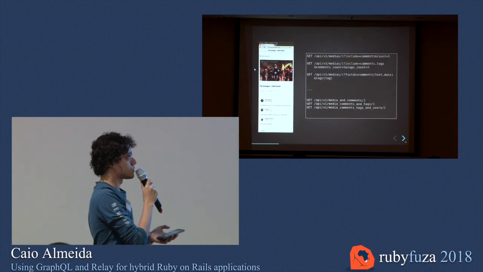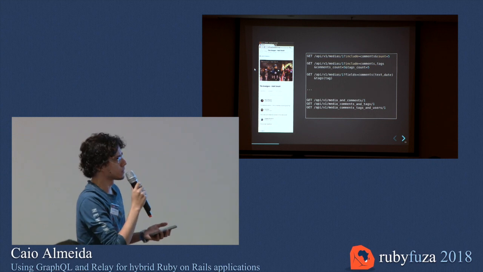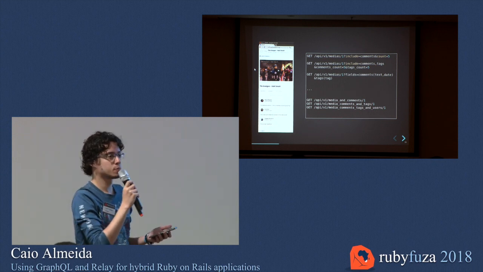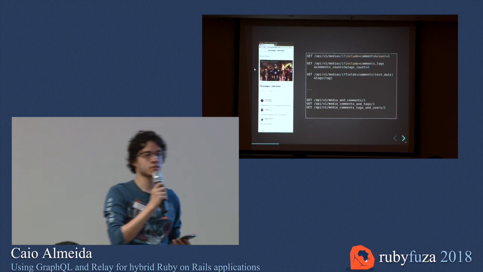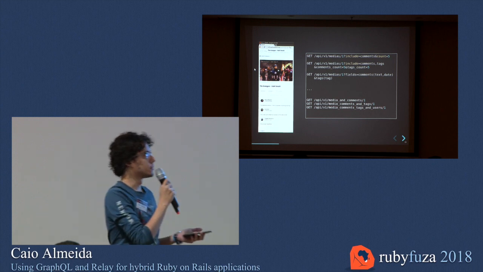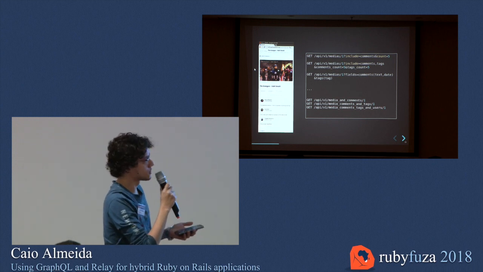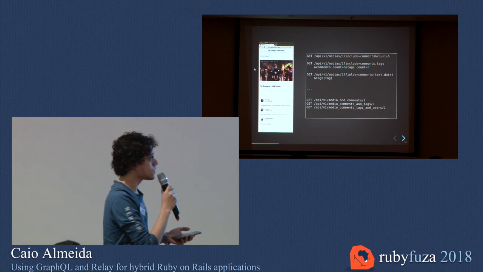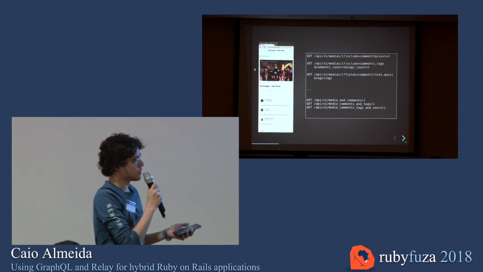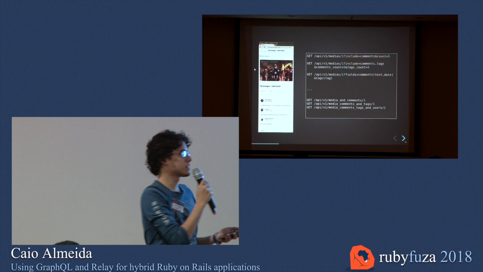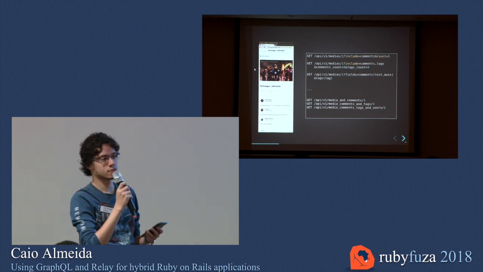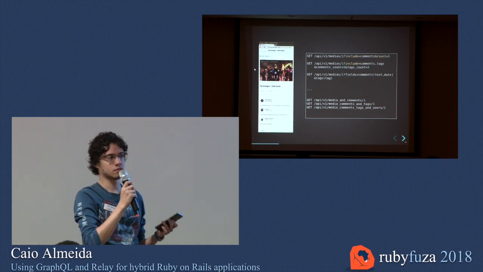Another way to do that would be to have fewer API endpoints, but that take parameters, so you can tell which fields you want and how many of them. And yet another approach is that you keep adding new API endpoints just to do everything that the UI needs.